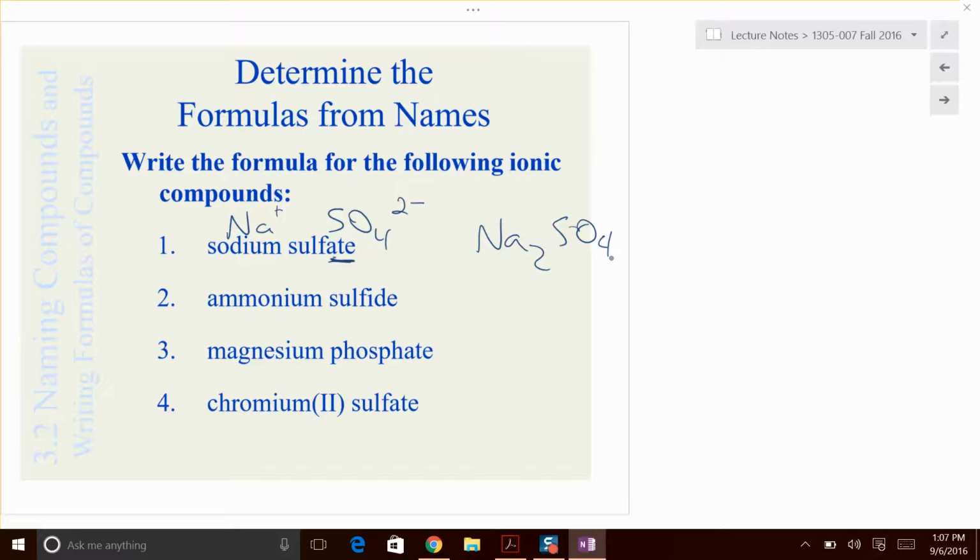What is ammonium? Ammonium is also a polyatomic ion, NH4+. You find it in your chart. What is this? Sulfide, sulfur with a 2- charge. What is the formula?